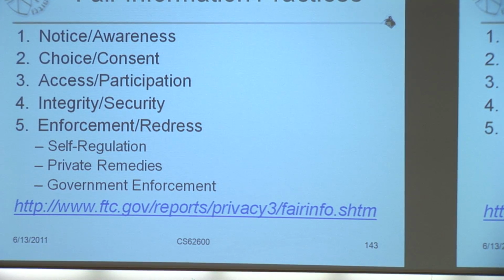And enforcement and redress. If something goes wrong, there should be a way for a person to correct it and be protected against the damage that could ensue. These are fair information practices. This doesn't have the force of law, but there are some good things to keep in mind if you're doing anything involving private data.